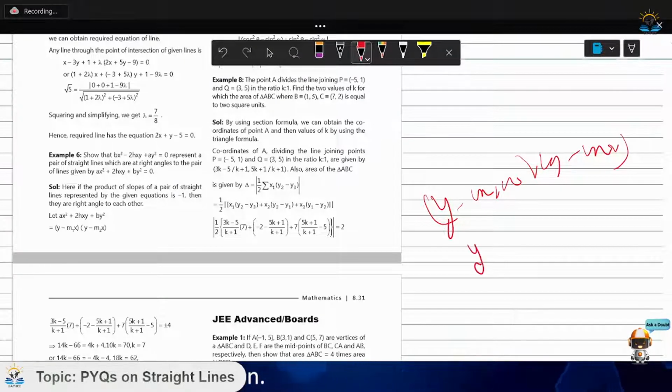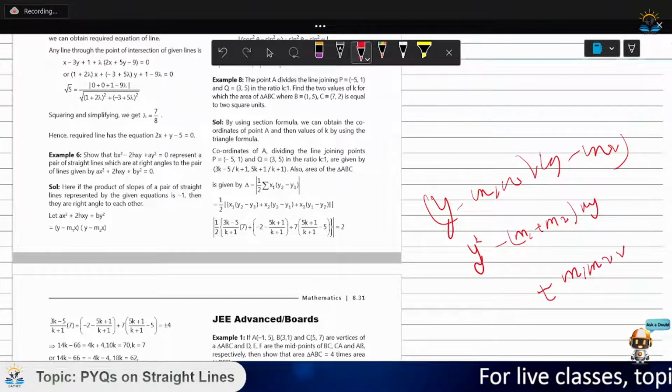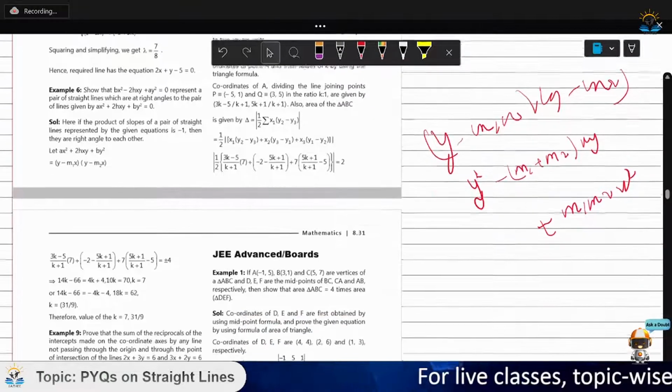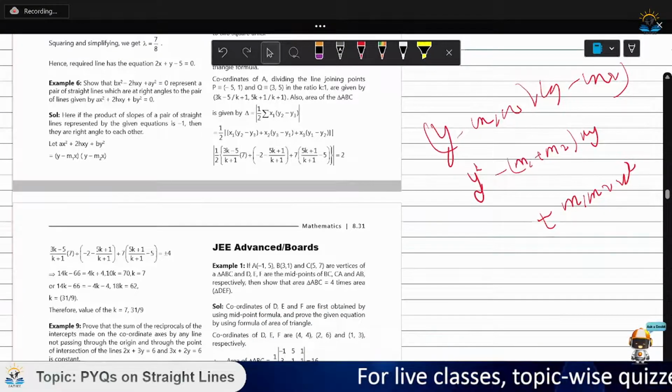And on multiplying, what do we get? y square minus (m1 plus m2) xy, and then m1 m2 x square. So on comparison, what do we get if we take out the roots of this equation?